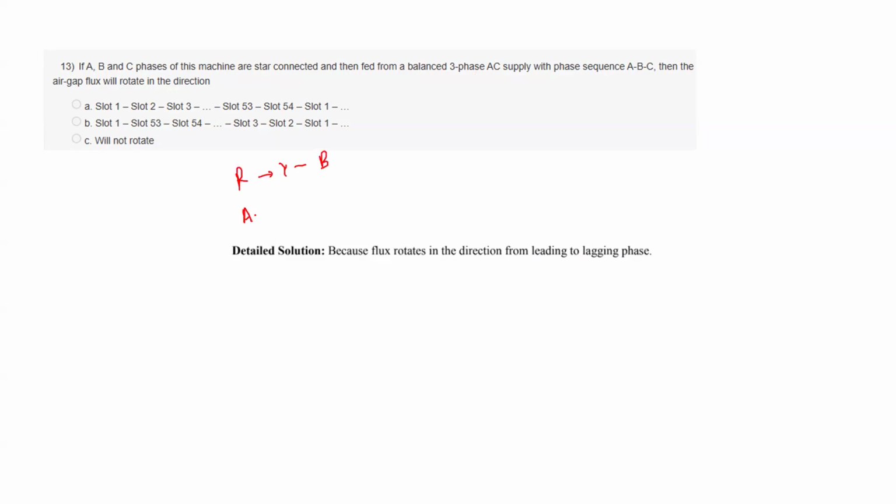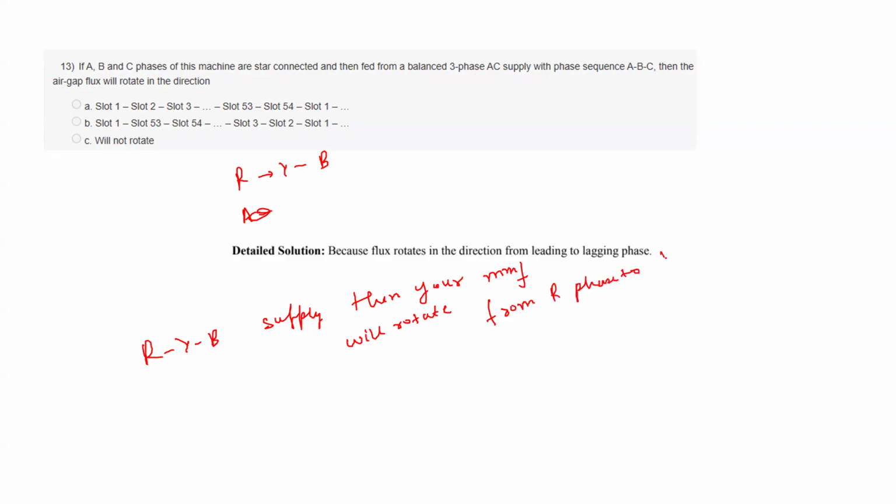Okay, if you give R, Y, B phase sequence supply, then you can also obtain this from mathematics. Your MMF will rotate from R phase to Y phase to B phase.